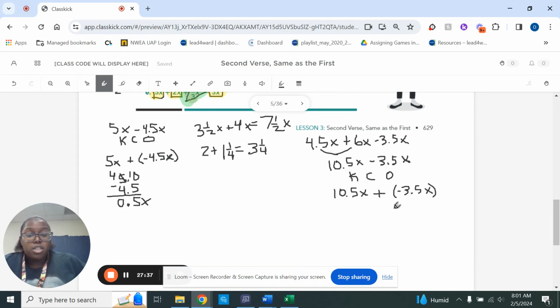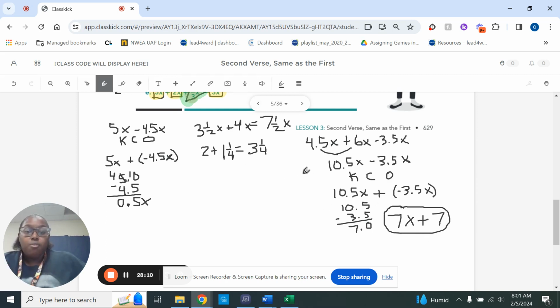So I am subtracting these two, and then whatever I get is the answer to my sign. So I'm going to line them up. That gives me 0. 10 minus 3 gives me 7. So this is 7x plus 7. And remember, I told you I can't write it up there, so I'm going to leave it right here. So this is 7x plus 7 for C.